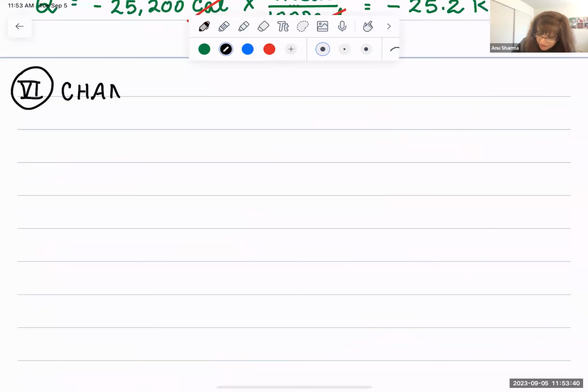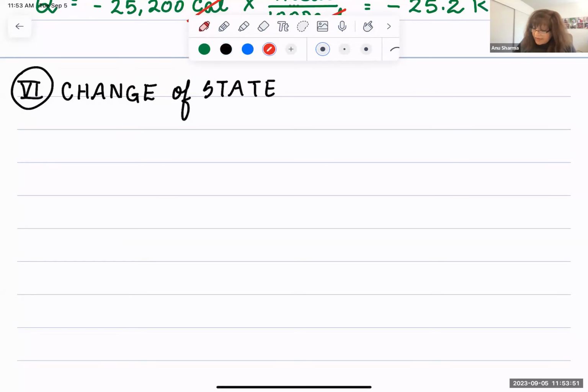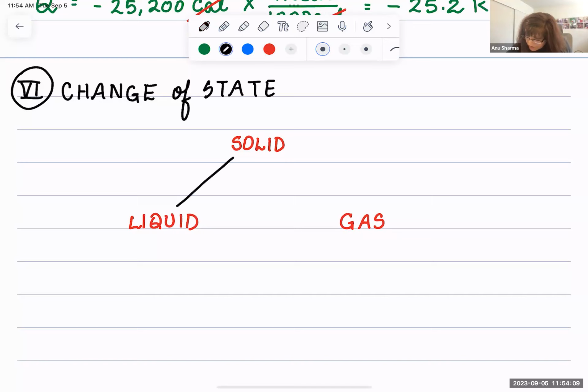So, change of state. You see this all the time. Anytime you have a solid, you can convert the solid to a gas, and you can convert the gas to a liquid, and similarly you can convert a liquid to a solid. Let's do this first.